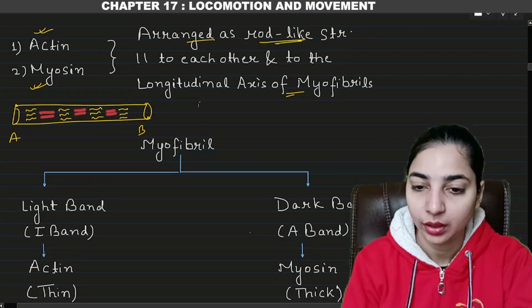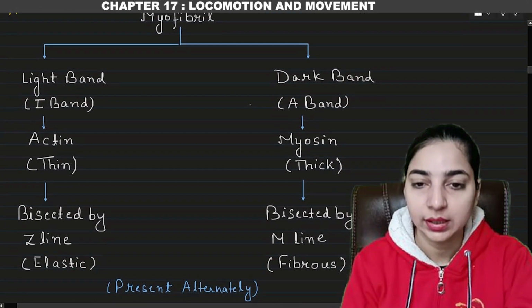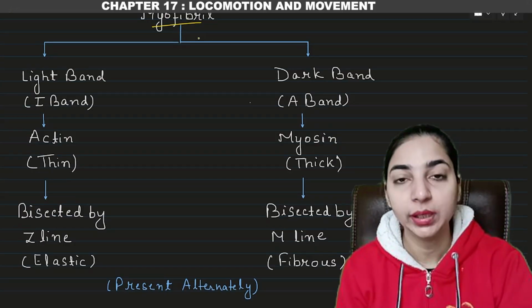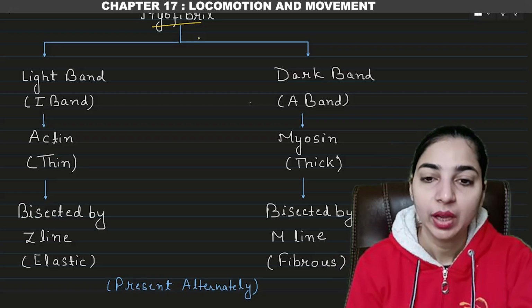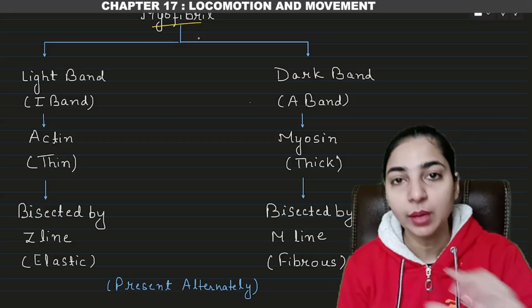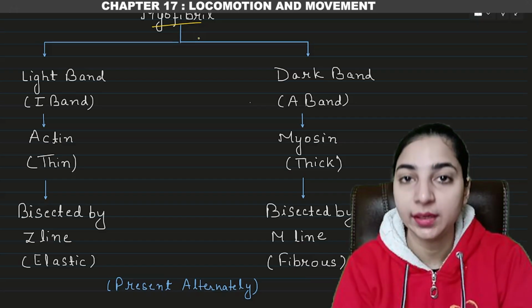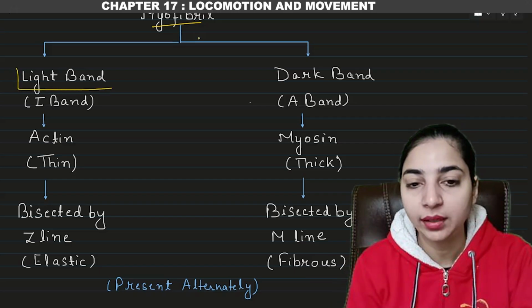Now let's discuss the myofibril in detail. Myofibril consists of two types of protein, actin and myosin, that we have seen. If you observe the myofibril under the microscope, you will see two types of bands, light bands and dark bands.